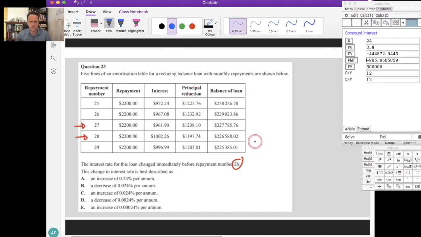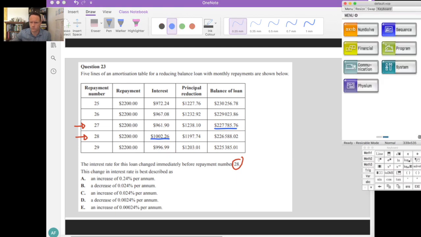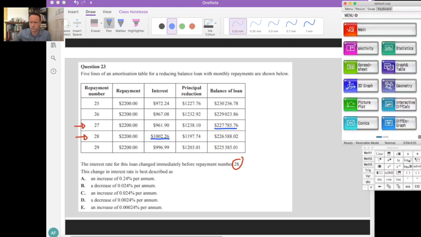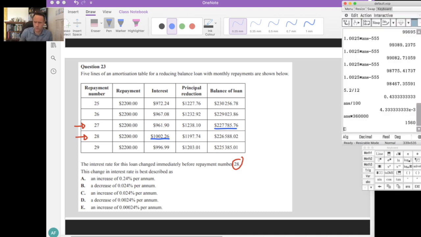So if we want to look at that, and that's charged monthly on the previous balance. So we do 1,002.26 divided by the previous balance. We'll go back to our CAS. So 1,002.26 divided by, where am I?